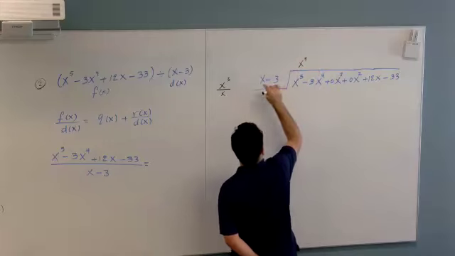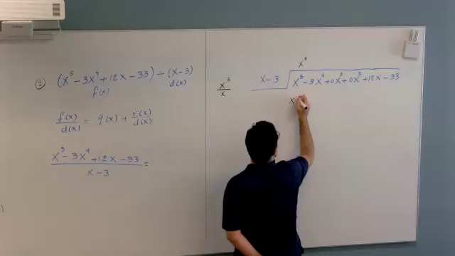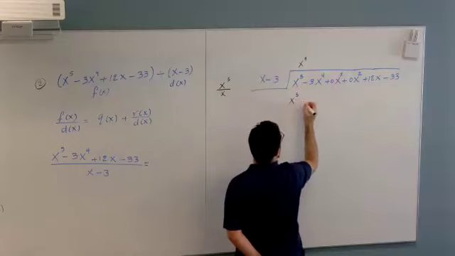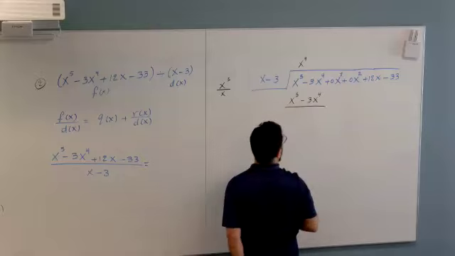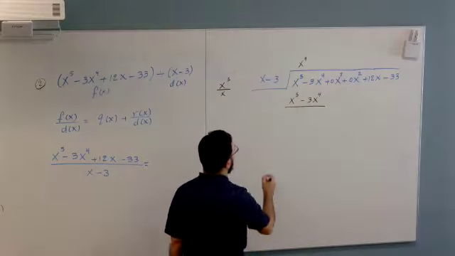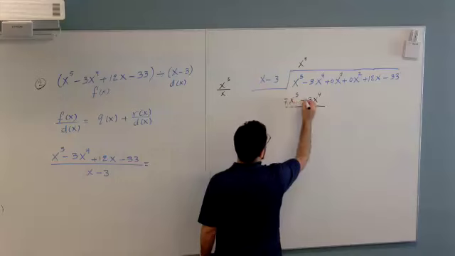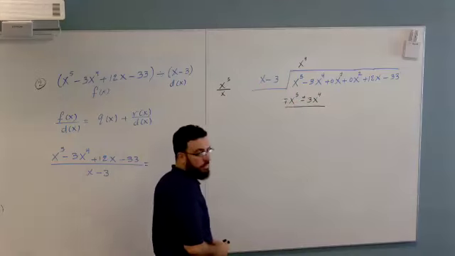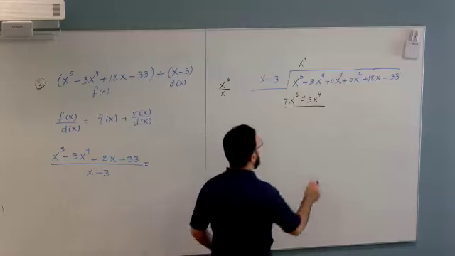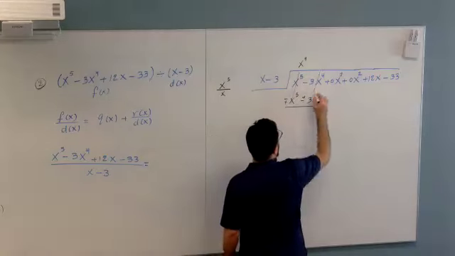Now, x to the power 4 times x minus 3 gives x to the power 5 minus 3x to the power 4. Change the sign, plus, minus, and here's the plus. What's going to happen? Cancel out, both.